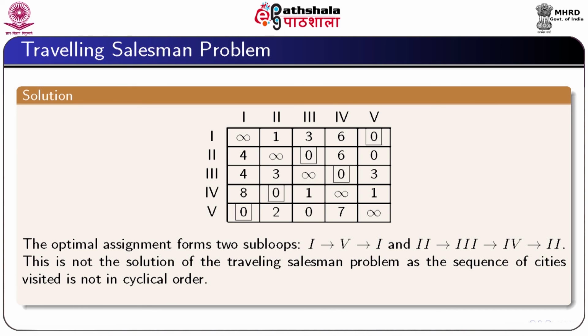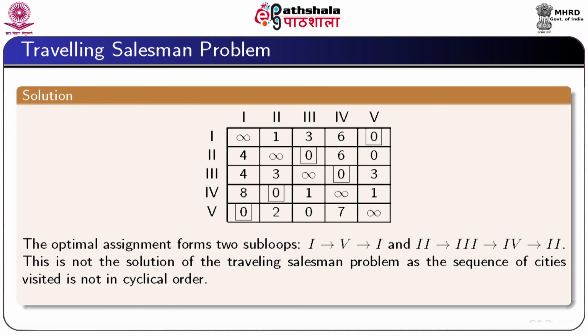So, in order to make this a solution of the traveling salesman's problem, we look for the next minimum value in the table. The next minimum value is 1 in the cells 1 2, 4 3 and 4 5.